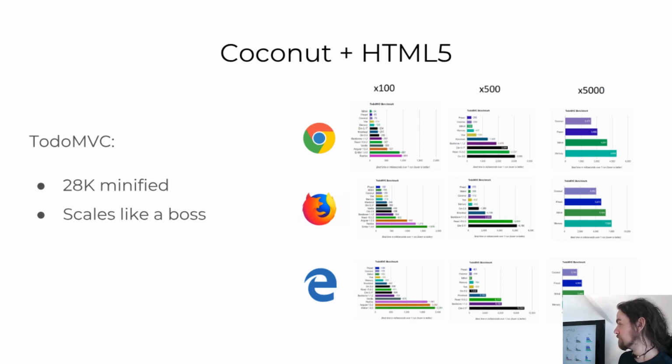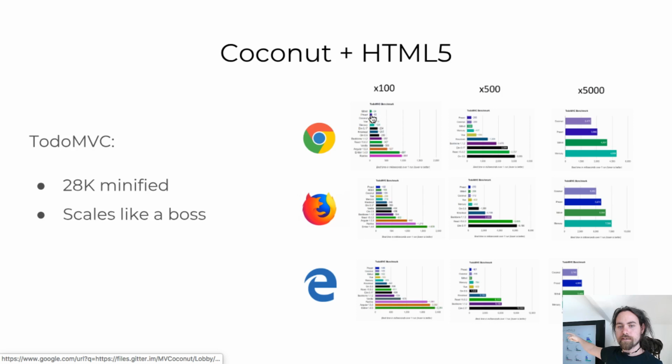And here in these benchmarks we basically see, so okay, well here you don't see much, but basically at the top here is Preact and Coconut for 100 items in the list. So this is the benchmark that the Preact guy made to show everyone how fast Preact is compared to React. Smaller is better, yeah.